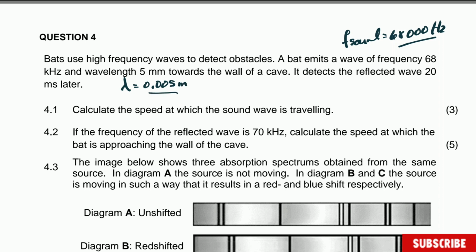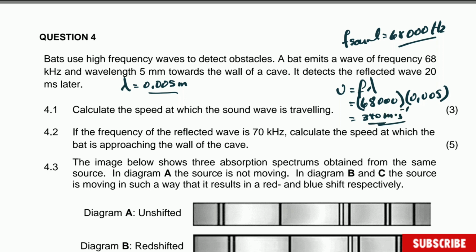When you calculate the speed at which this sound is traveling, it's very simple. Speed is equal to frequency multiplied by wavelength, and when you substitute here, the answer is going to be 340 meters per second.